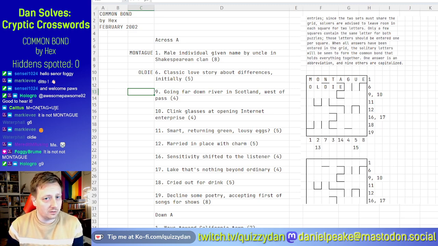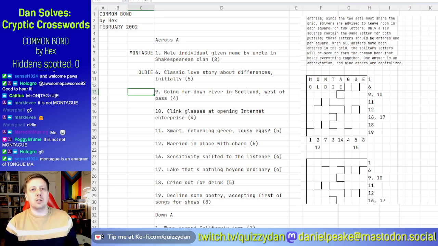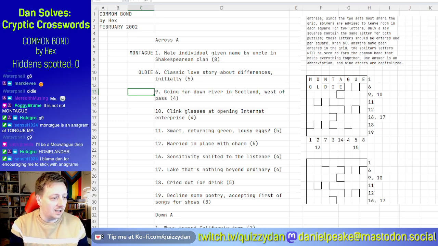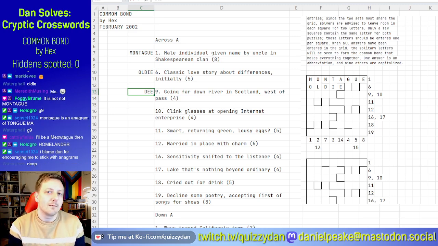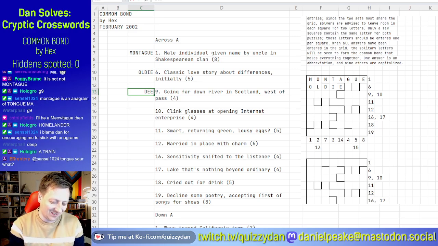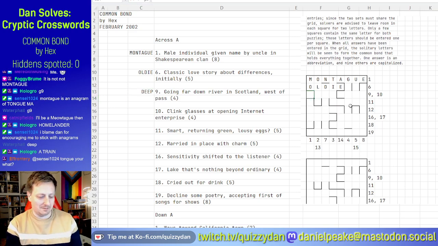You will need some geographical river knowledge for this clue. I'm going to try and push us on and ignore the smut coming out of anybody's mouth. So the river in Scotland is the D. And then west of pass is P. And there we go. Deep.